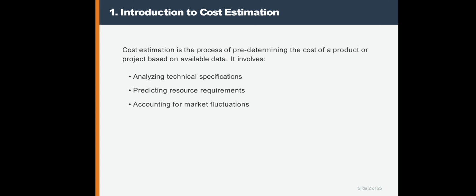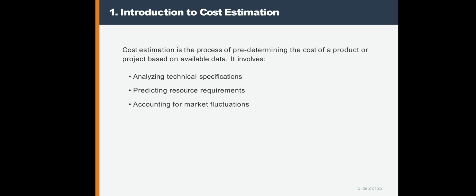Coming to the first topic, Introduction to Cost Estimation. Cost estimation is the process of predetermining the cost of a product or project based on available data. It involves analyzing technical specifications, predicting resource requirements, accounting for market fluctuations.